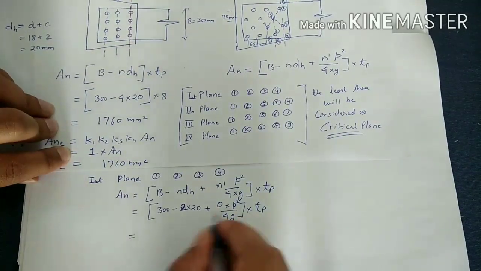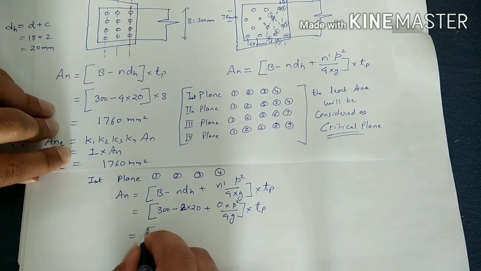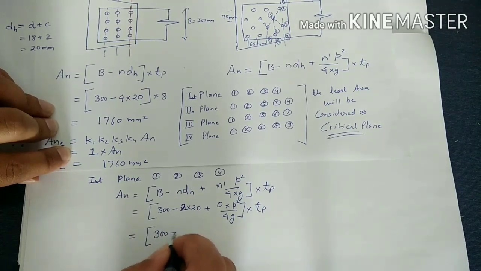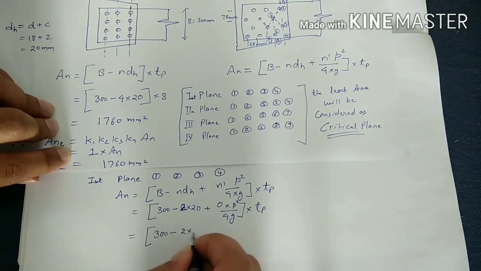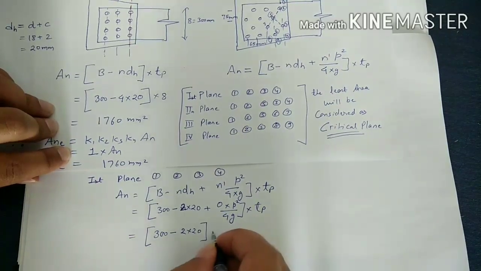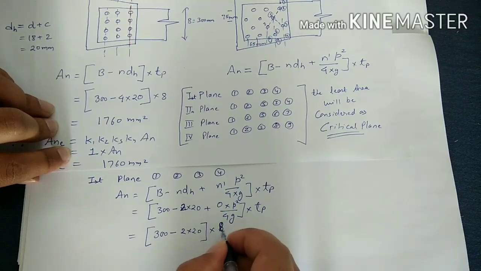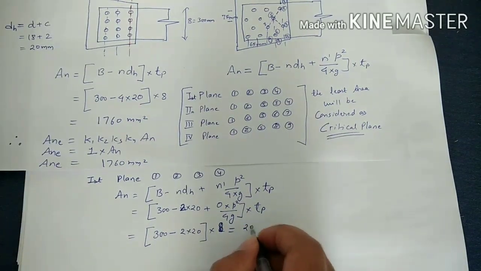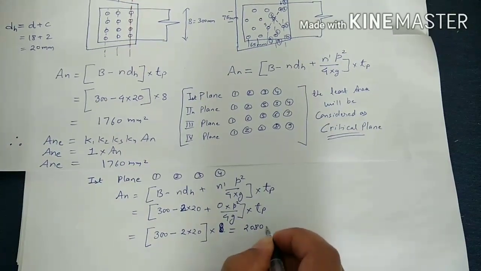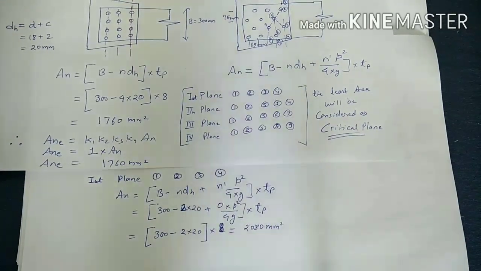Therefore this formula comes to this, with thickness 8 mm. On solving, it gives 2080 mm square.